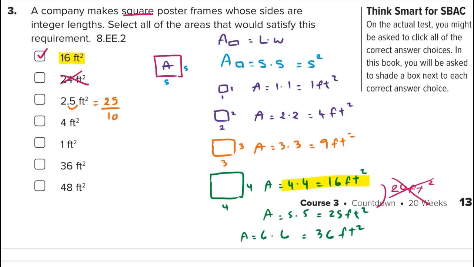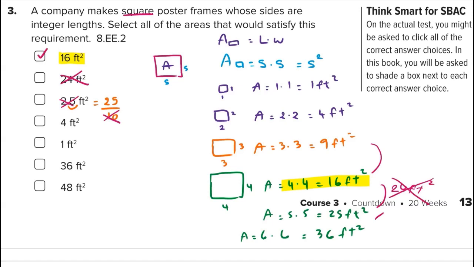We know 25 is 5 times 5, but how about 10? What two numbers multiply to give you 10? 10 is between 9 and 16, so that's not a perfect square number. Because of this 10, this statement is false. It's not a perfect square number.